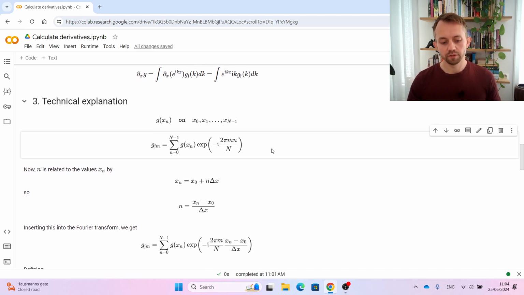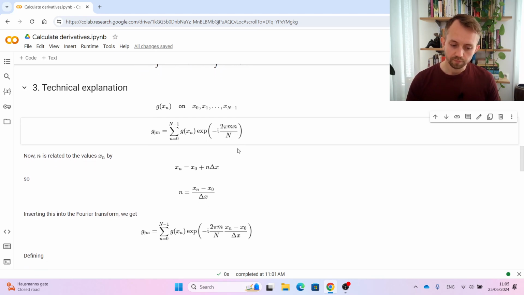And the discrete Fourier transform of this function is given by this equation here. So we have the mth component of the resulting Fourier transform is going to be this sum over all the x points, and then the function evaluated at those points multiplied by this exponential factor here, which has both m and n in the exponent.